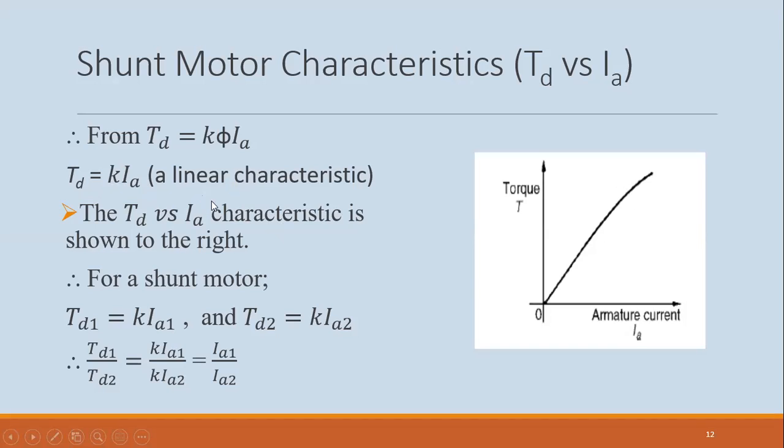And you can see now that this is a linear graph. Characteristic also means a graph for the particular machine. So anytime you see a shunt motor, you expect this kind of graph between the torque versus armature current, a linear relationship.